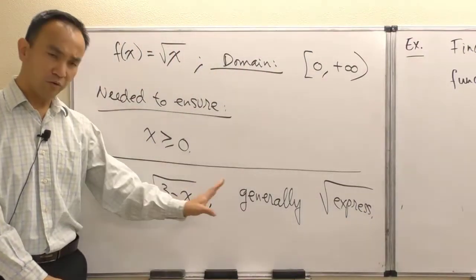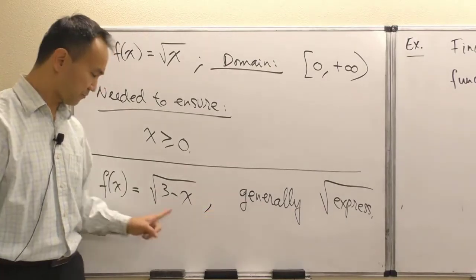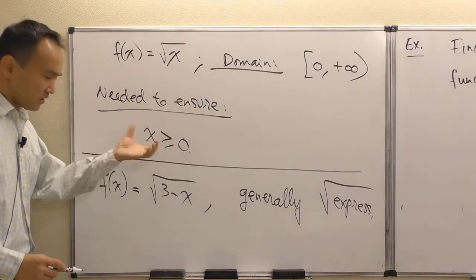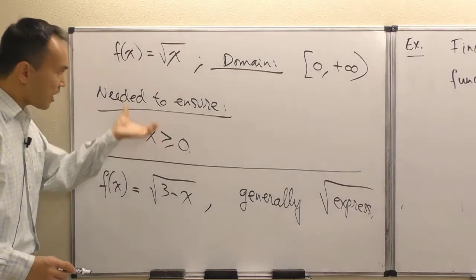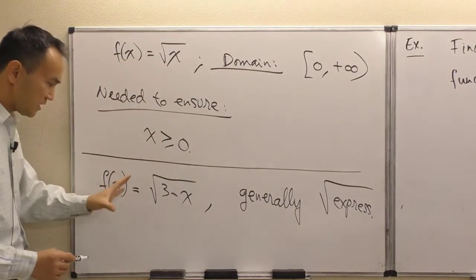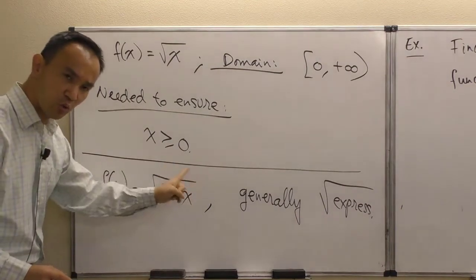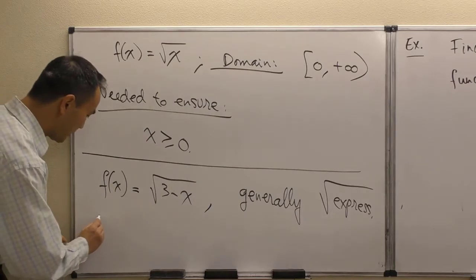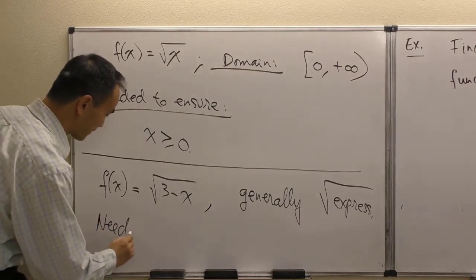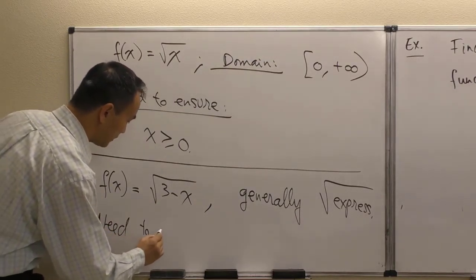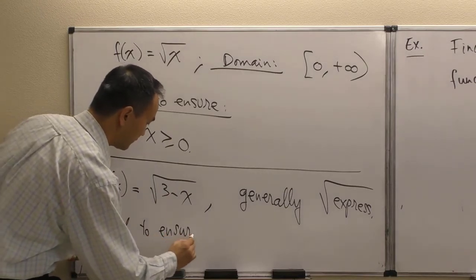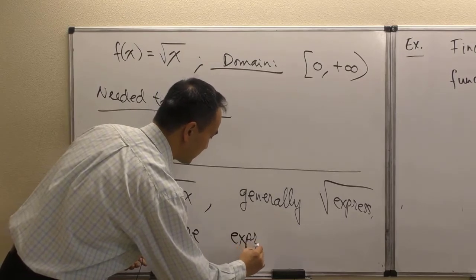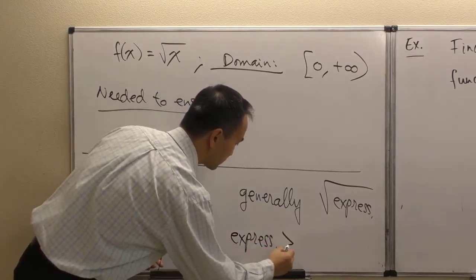When we run into that situation, drawing out a generality from this, here's what we need. Anytime we have a function that involves a square root operation, we just need to ensure the expression is greater than or equal to 0.